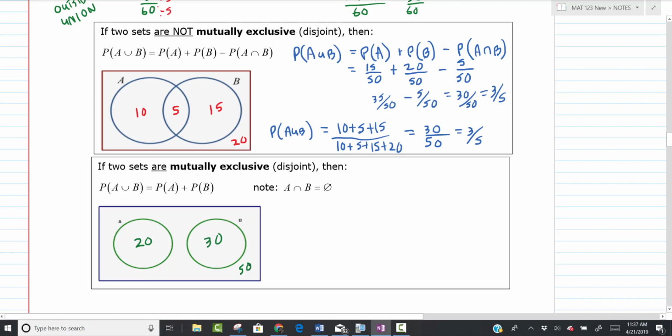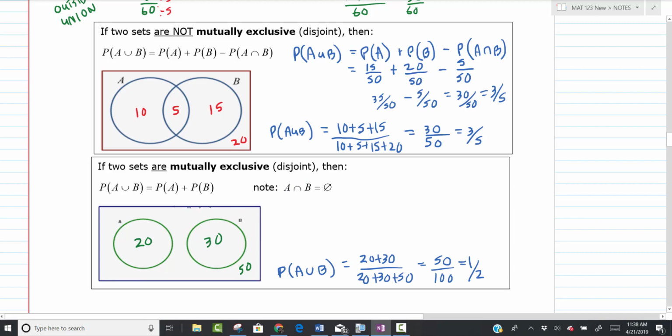The probability of A union B would just be 20 plus 30. The universe would be, there's no intersection, so you're not going to have 4 numbers, you're going to have 3 numbers, so 20 plus 30 plus 50. So you would end up getting 50 out of 100, a 1/2 probability.